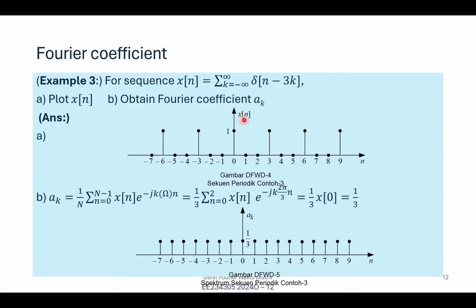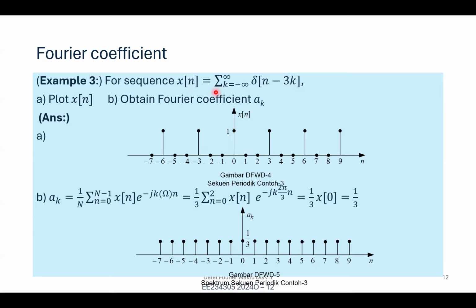So suppose we try to find, let's say, x 0, then n equals 0. So here, we have to find the 3k that equals 0, and it has a value of 1 here, right?